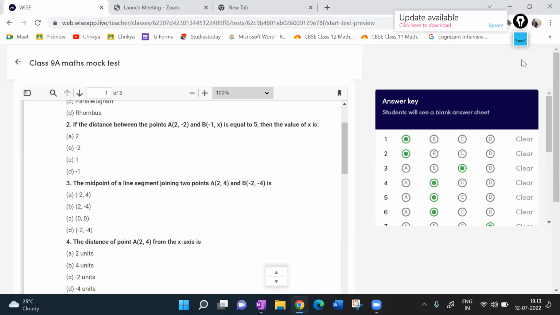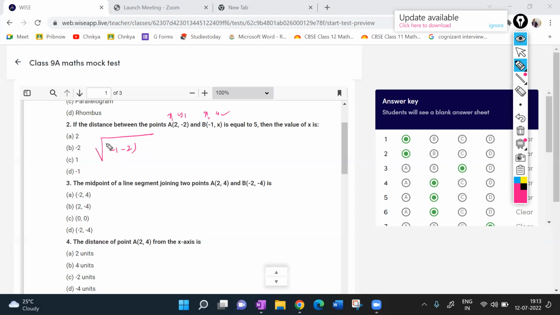So square root of x2 minus x1 whole square plus y2 minus y1 whole square is equal to 5. Correct?